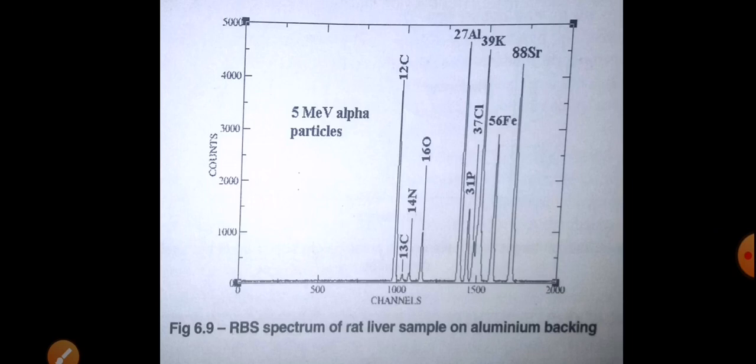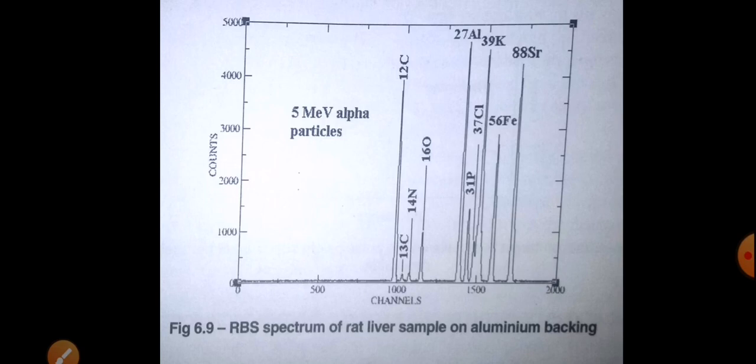Using 5 MeV alpha particles, this experiment is done. That is, the incident particle is 5 MeV alpha particles. The target is a rat liver sample on aluminium backing, and we have obtained a spectrum like this. It is the output of the multi-channel analyzer, or obtained from the personal computer.